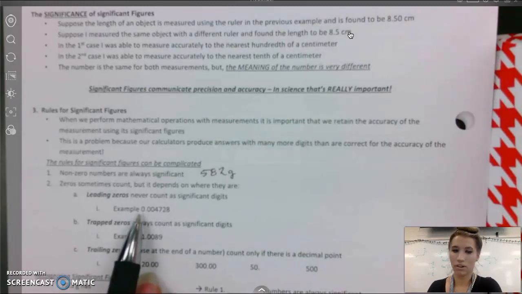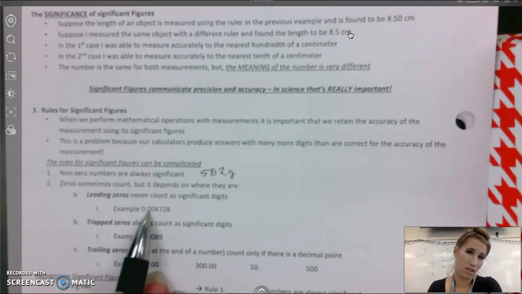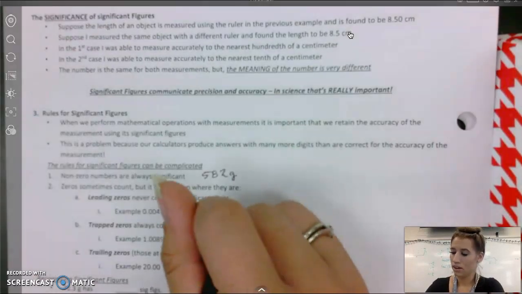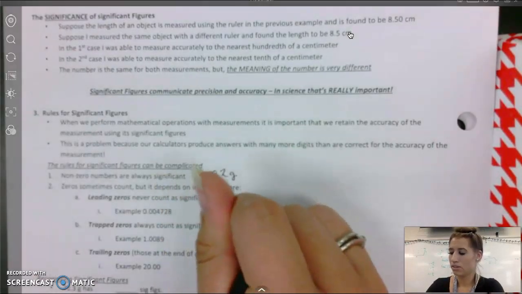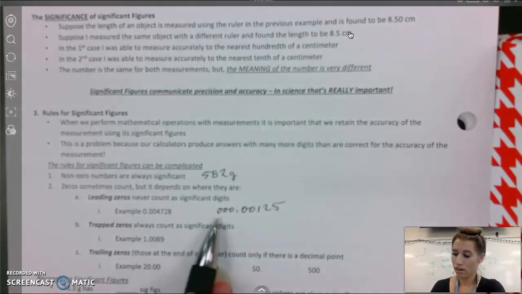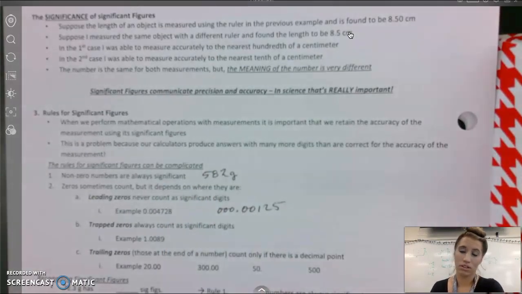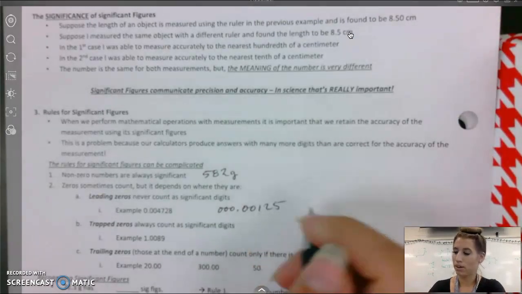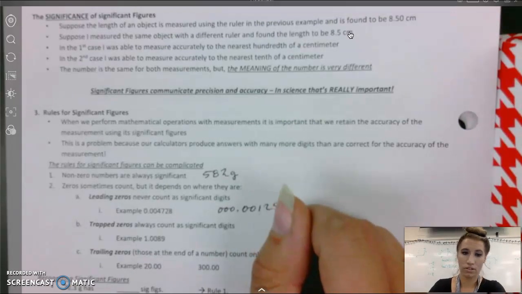So our example here, all these zeros that came before the non-zero number, those are not significant. I want to point out, it doesn't matter which side of the decimal they're on, okay? Because we could have 0.00000125, and all of those zeros are not significant. So our final answer, we have 1, 2, 3 significant figures here.